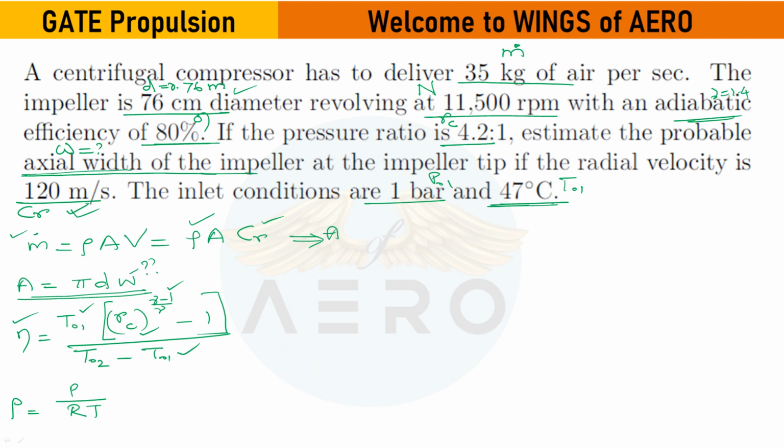So from here we can find out the area: m dot by rho by CR. Now once we find out the area, we will equate it with pi D W. D is also known, so from here we will find the W value as well.